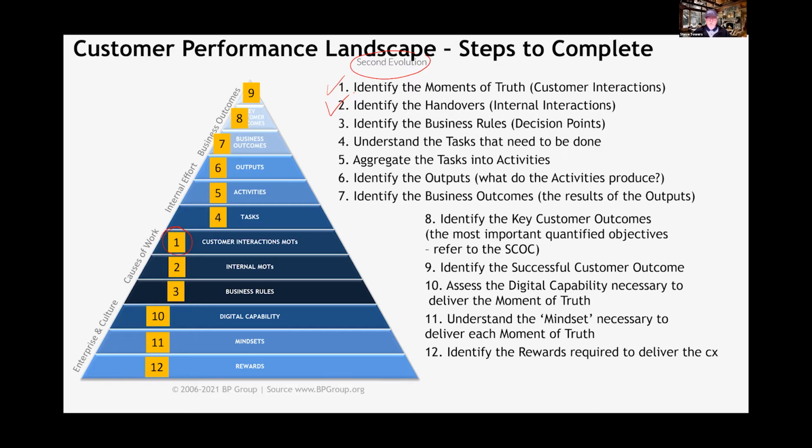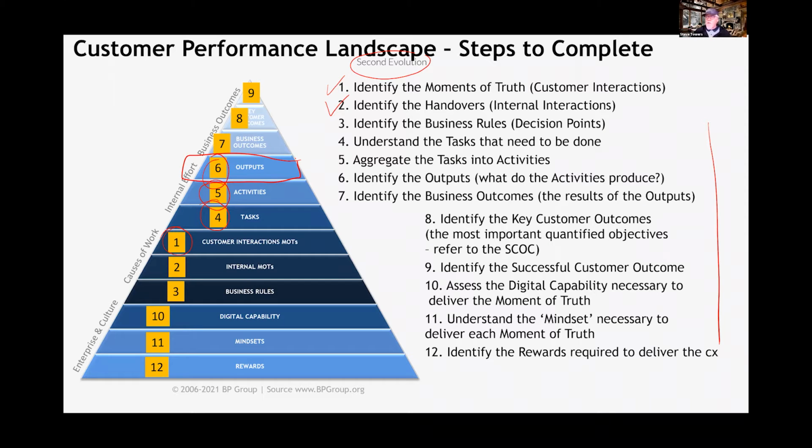So you'd establish number three, the rules, and then we can go into, so what are the tasks we need to do, activities, outputs, and so on. And there's little explanations, as we go through it, on understand the task, aggregate the tasks, identify the outputs. So what do the activities produce? Oftentimes the output level is where most of our measurements are currently, before we've moved our organization outside in.